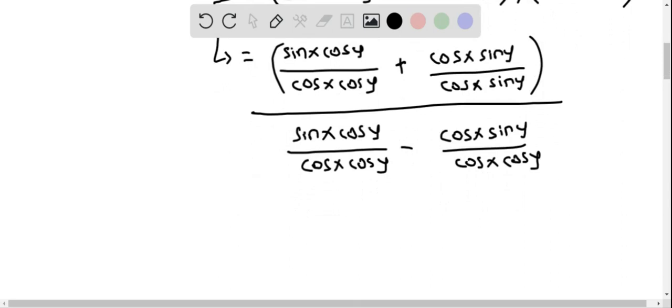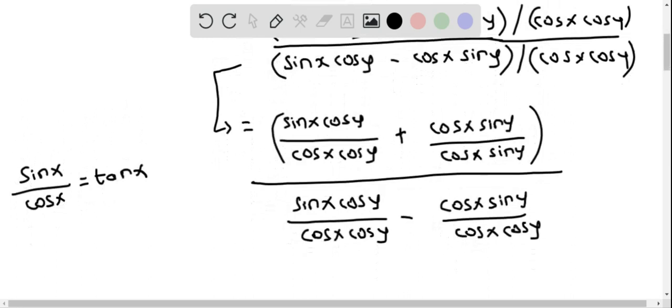Now we can use the quotient identity: sin x over cos x is identical to tan x. So wherever we have this quotient, we can replace it with tan x, or if we have sin y over cos y, we can replace it with tan y.